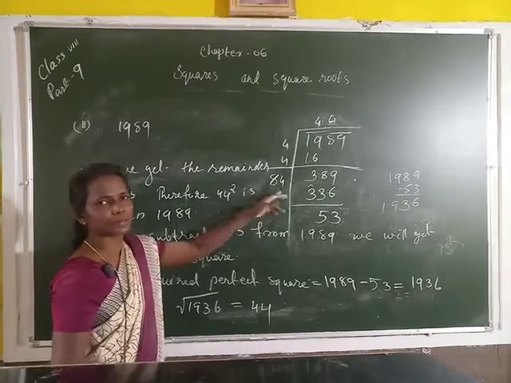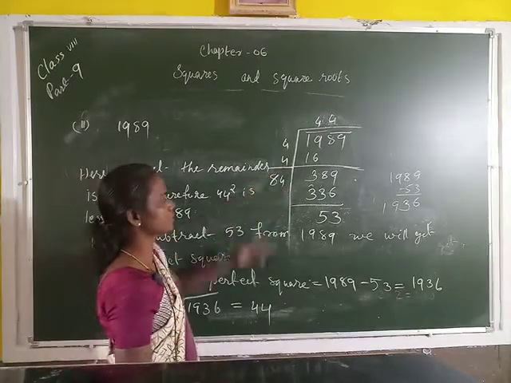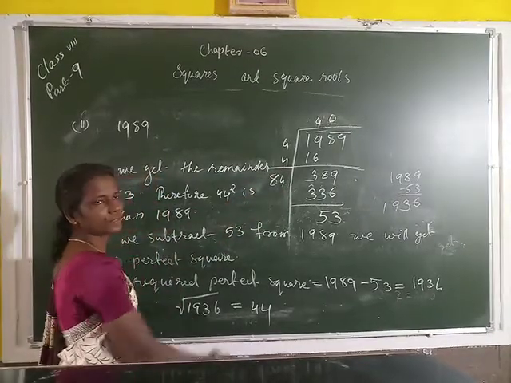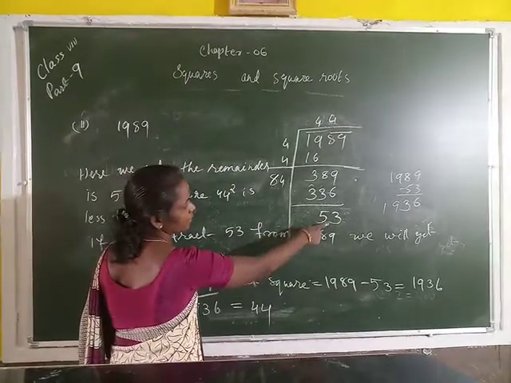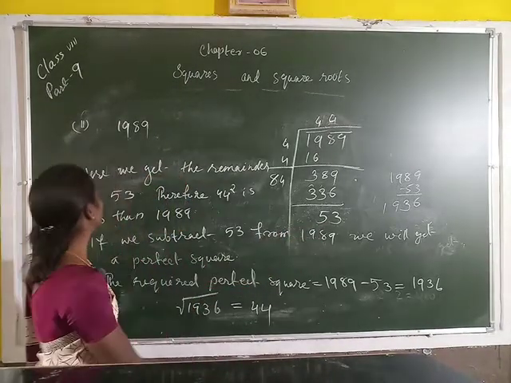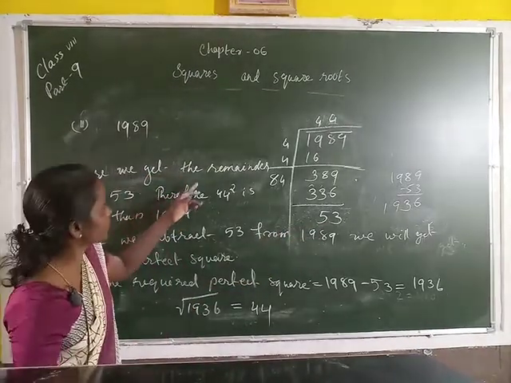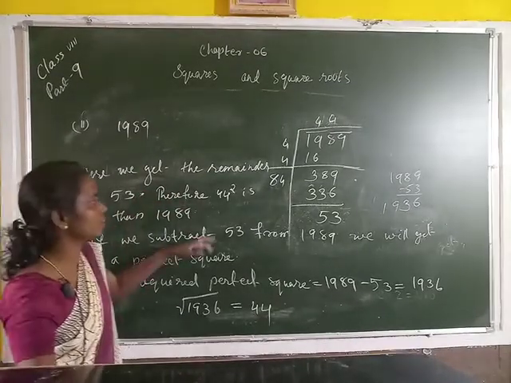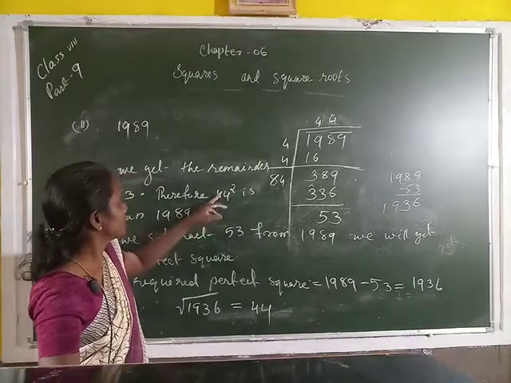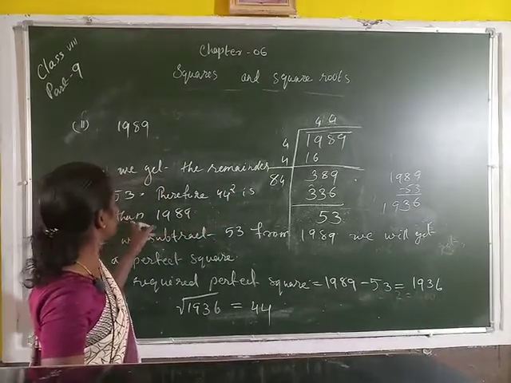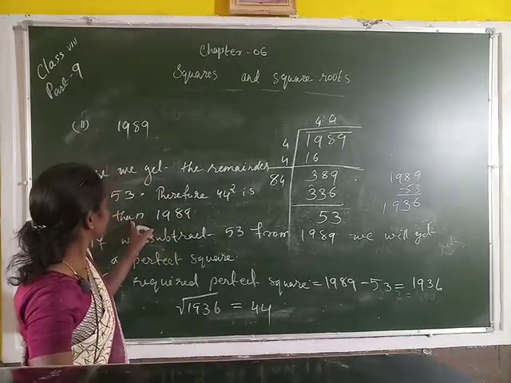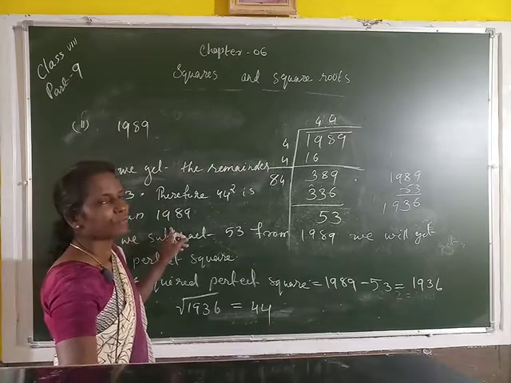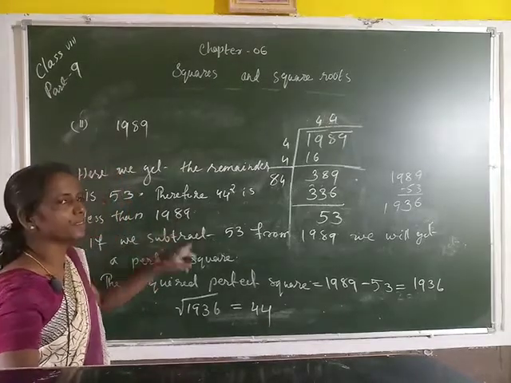By which method do we use here? By the division method. Here we get which number? 53 as the remainder. Therefore we know this 44 square is less than 1989.